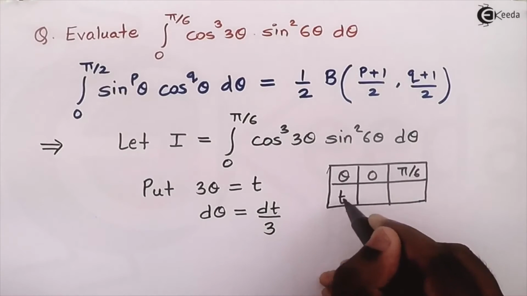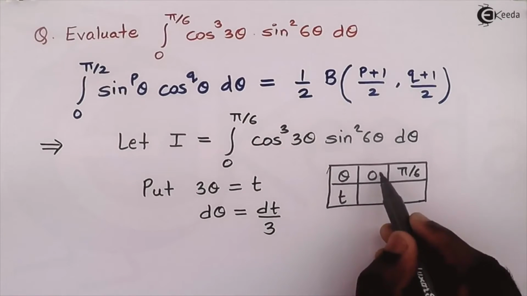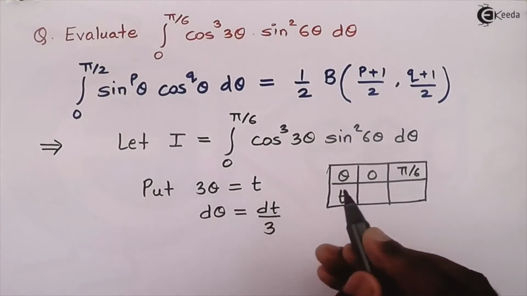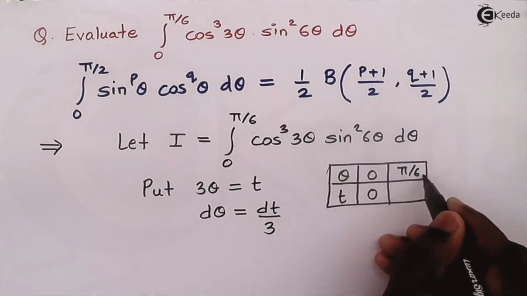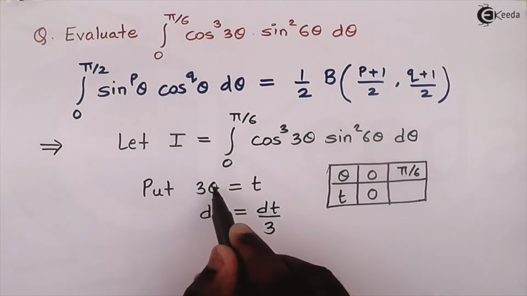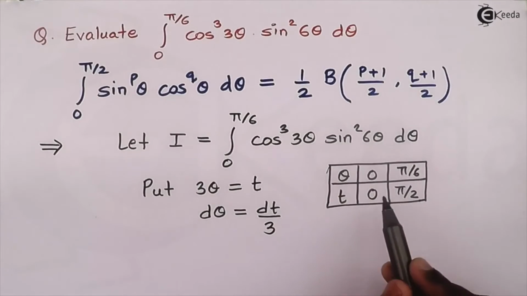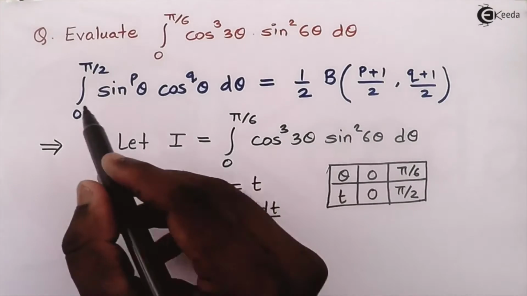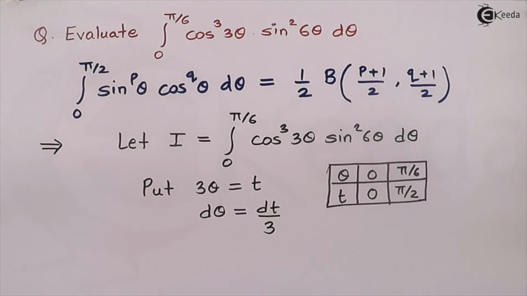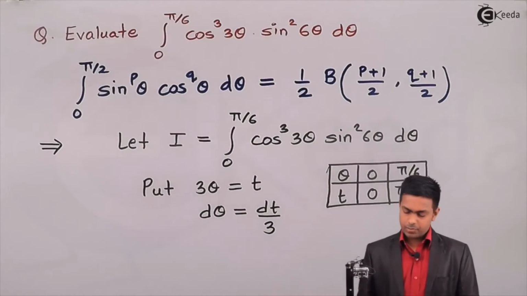Now for t, let's observe. When theta is 0, 0 into 3 is 0, so t will be 0. When theta is pi by 6, 3 into pi by 6 is pi by 2. So guys, here I am getting the limit from 0 to pi by 2, which is required for the definition of beta function. Now let's substitute the values.